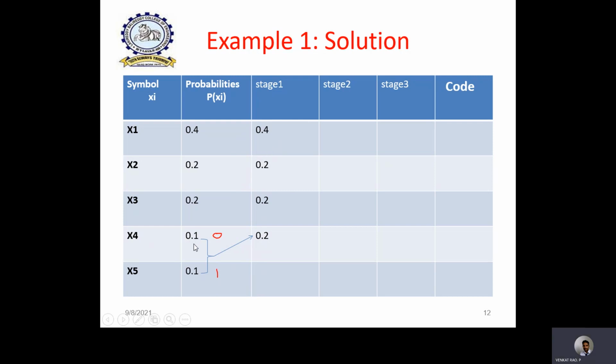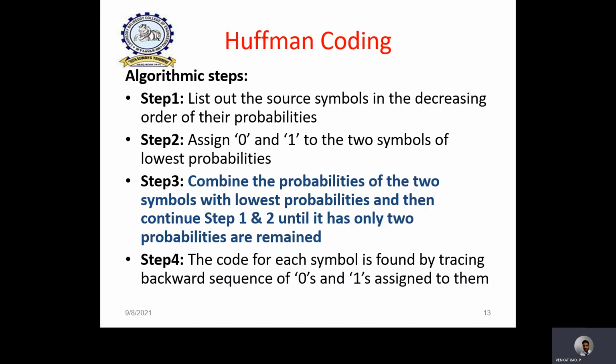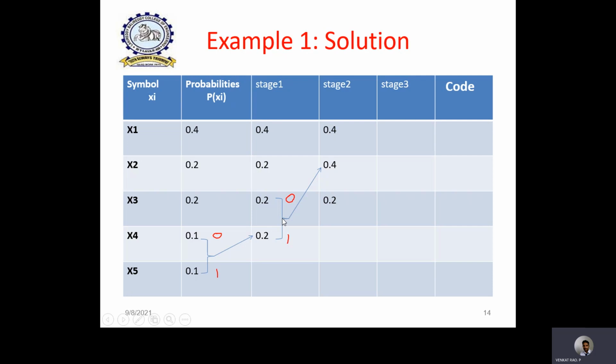Since here 0.1 and 0.1 both are added, the sum will be 0.2 only. So that is same as the above. So that's why it is just kept below the previous value. Okay, that is again the arrangement in decreasing order of their probabilities. Okay. So arrange like that, and we need to keep on repeating this procedure.